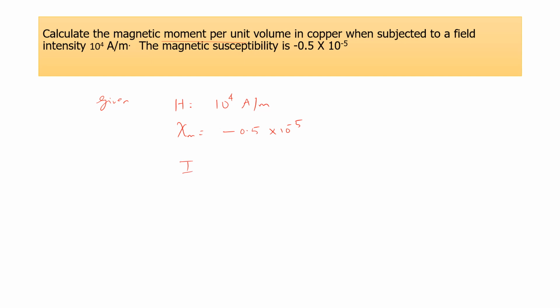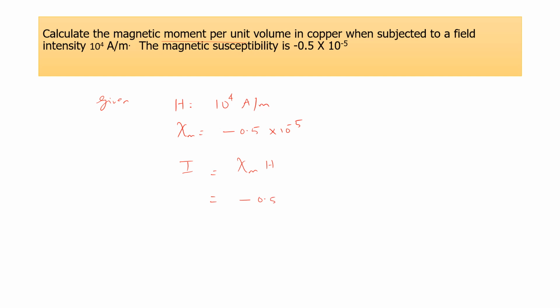So what is asked is intensity of magnetization, which is chi m into H. But intensity of magnetization is not directly questioned in the question. You have to note that. That is why I have chosen this problem to solve. Okay, instead of giving this, they have given the meaning for this, that is magnetic moment per unit volume. So this has to be found. So that is a small challenge given to you in this problem.